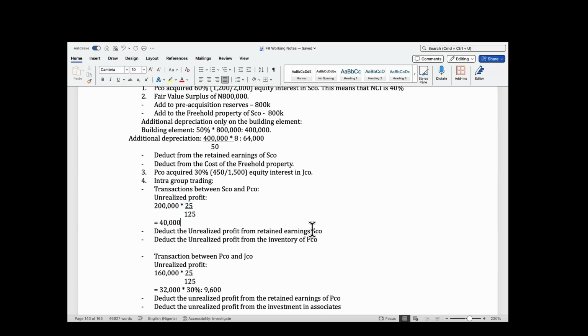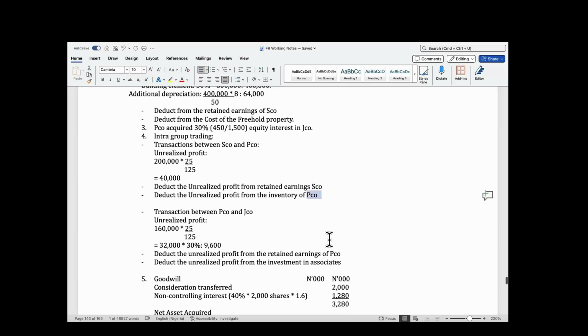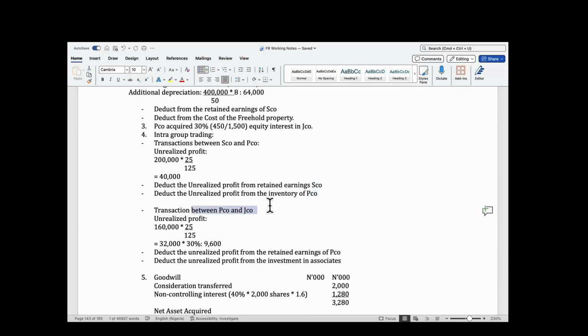We deduct it from the retained earnings of the subsidiary and from the inventory of the parent. For the transaction between the parent and the associate, again, the unrealized profit is 32,000. However, we eliminate it to the extent of our holding in the associate, which is 30%. So we do 30% of 32,000, and that's 96.